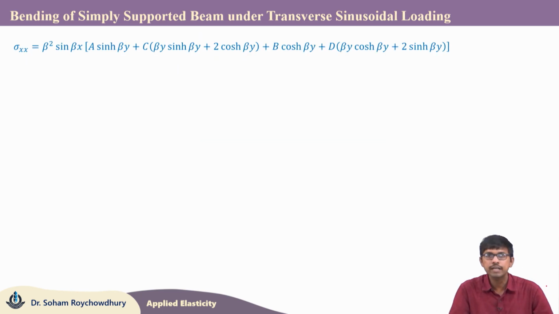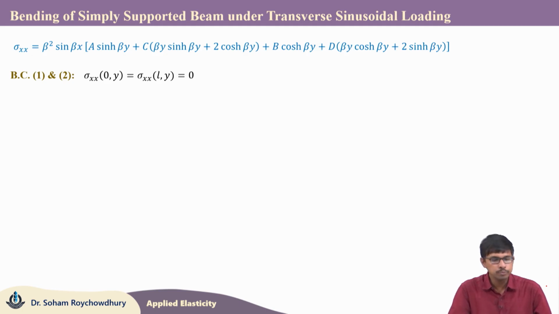So, after obtaining these 4 constants A, B, C and D, now we will check the remaining boundary conditions. So, the sigma xx form is written here. Now, if you look at boundary conditions 1 and 2, those are sigma xx at x equals 0 and x equals L, that is, on both the faces the normal surface traction should vanish: sigma xx 0 comma y and sigma xx L comma y should be 0.